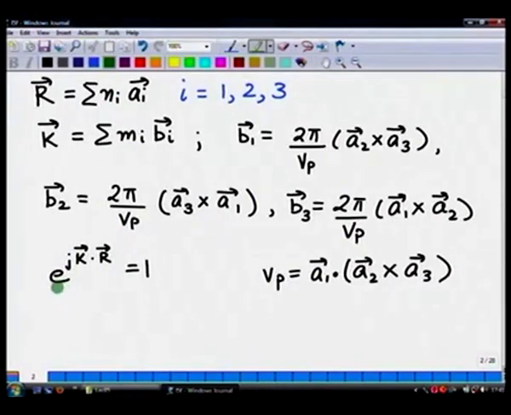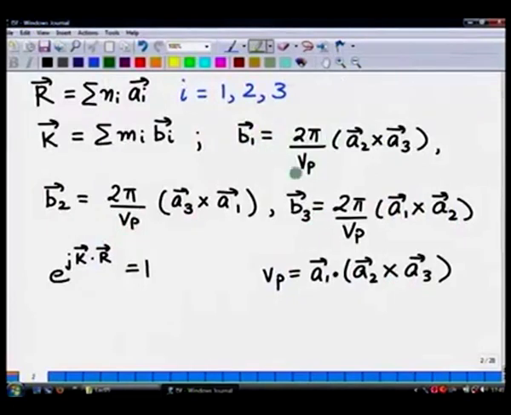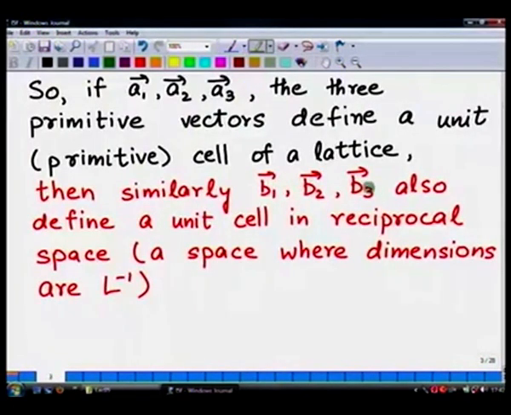If A1, A2, A3 are the 3 primitive vectors which define a primitive unit cell, meaning one lattice point per cell, then if I generate B1, B2, B3 like this, similarly I can think of B1, B2, B3 also as 3 vectors which define a unit cell, but this time in reciprocal space.